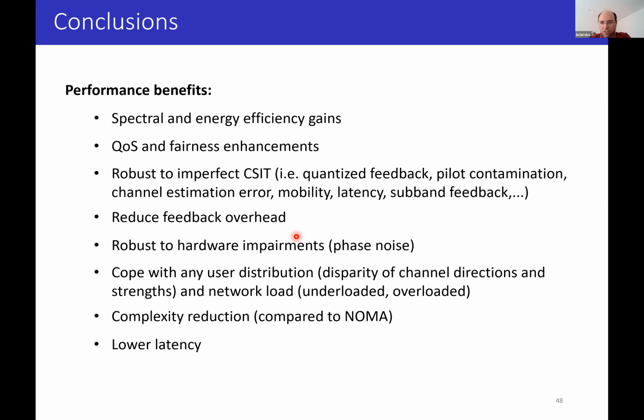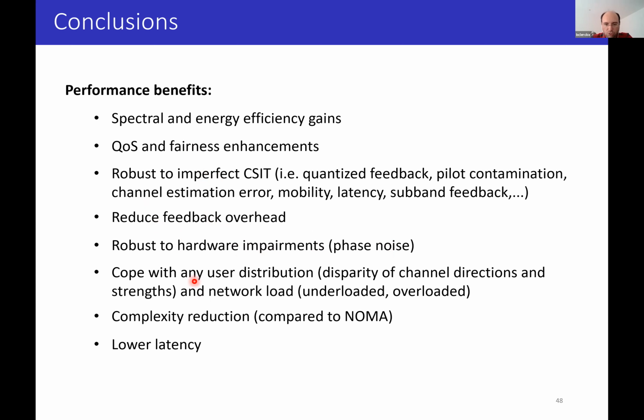So if you have 5G systems where you have a certain number of feedback bits in FDD, for instance, you can reduce the number of feedback bits because your communication strategy is now inherently robust to the imperfect CSIT. It's also robust to hardware impairment. So phase noise, for instance, creates imperfect CSIT problems. And we have shown that rate splitting is robust to this phase noise.